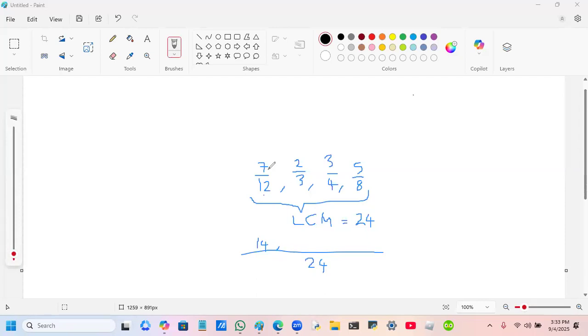3 into 24 is what? Yes, 3 times what is 24? 8. 8 times 2 is what? 16. 4 into 24 is what?